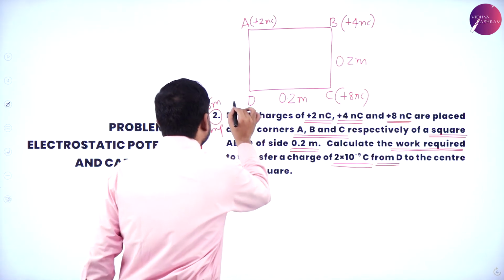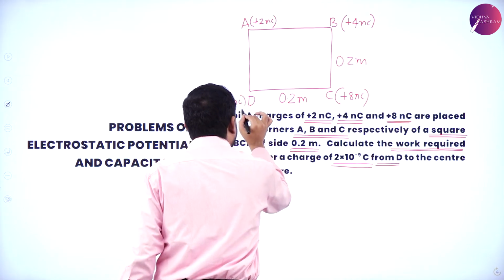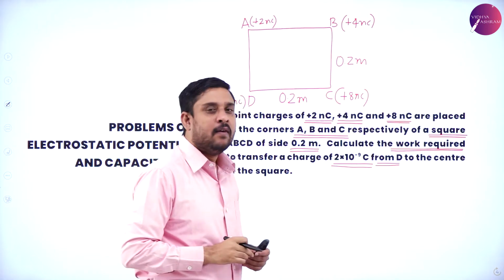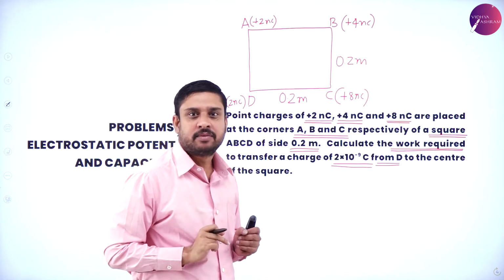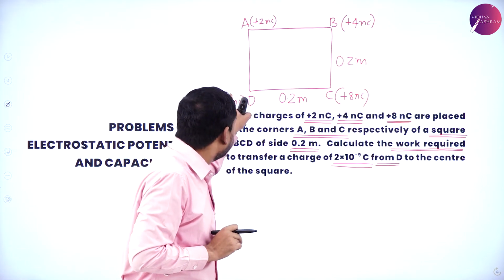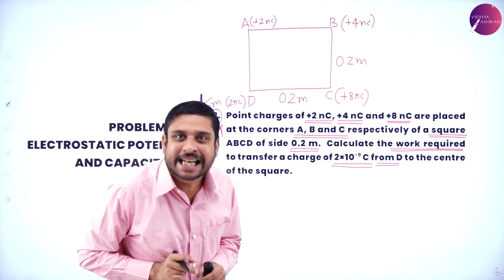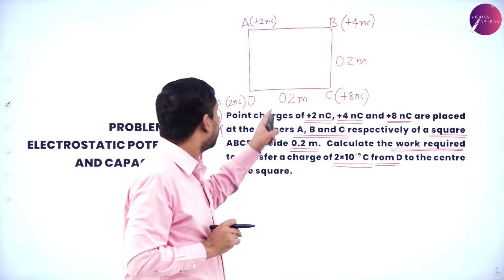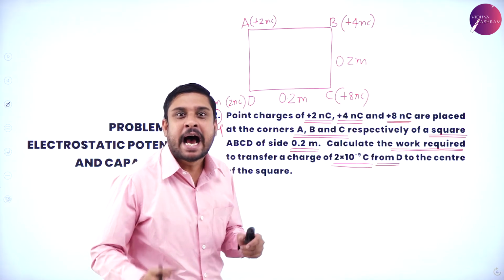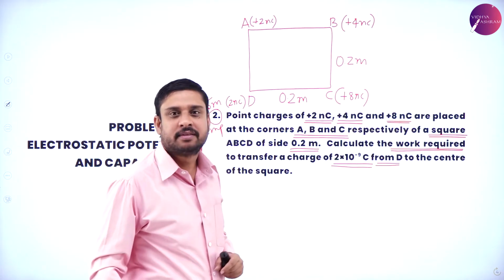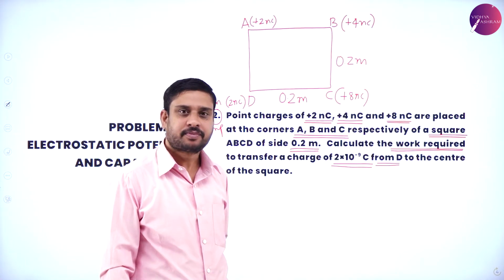There is a charge of 2 nanocoulomb at D, which has to be moved to the center of the square. I require some work, and that work has to be calculated.